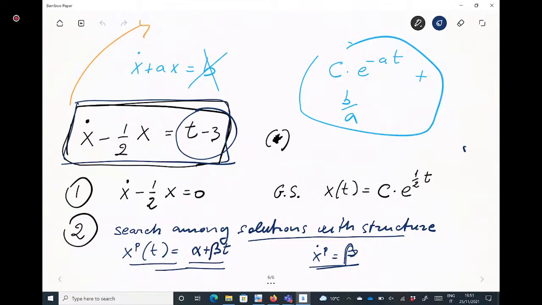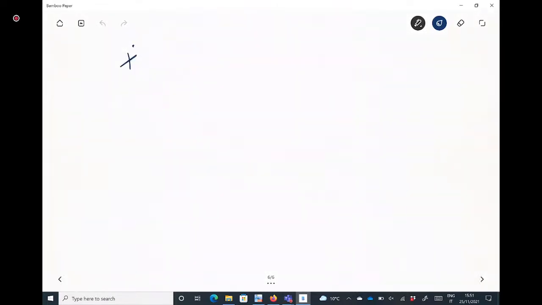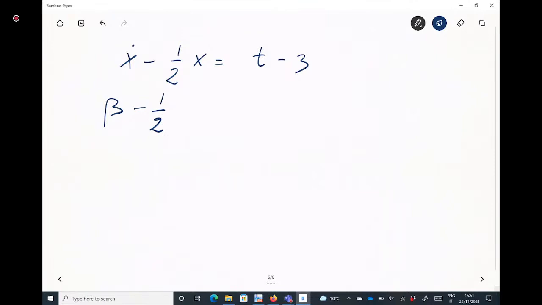So we have to write this, okay? x dot minus 1/2 x equal to t minus 3. Okay, x dot is beta. Minus 1/2 x, the general family of our functions is alpha plus beta t. Okay? This must be equal to t minus 3.